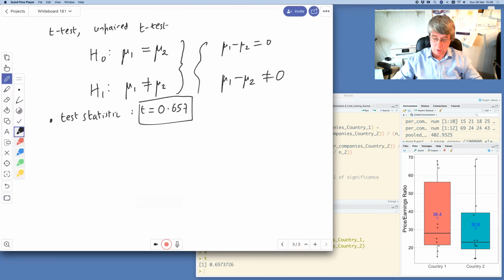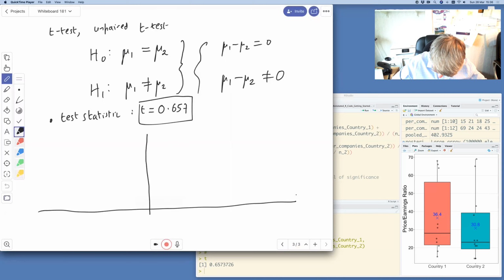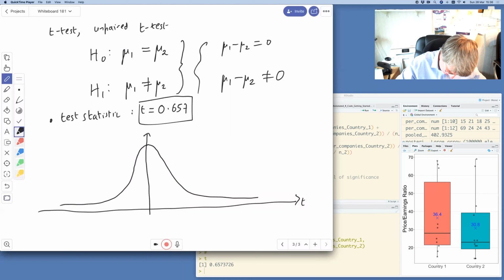In practice, what we tend to do with this is compare it with a particular distribution. When we do a hypothesis test, we look at the distribution of the test statistic, and it turns out that the distribution of the test statistic is a t-distribution on 20 degrees of freedom.